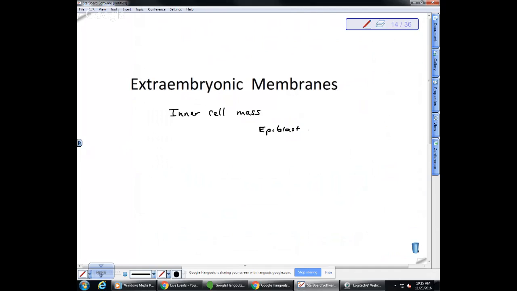The epiblast actually becomes the amnion. And the amnion is the membrane that holds in the water, because embryonic development has to take place in a water environment, right? So this is the amniotic sac filled with amniotic fluid.